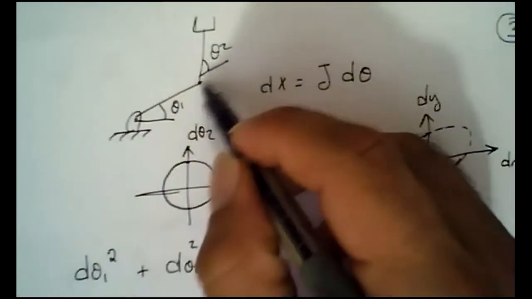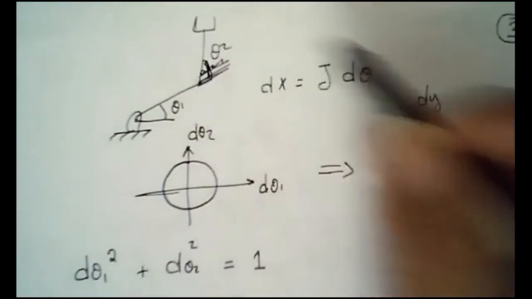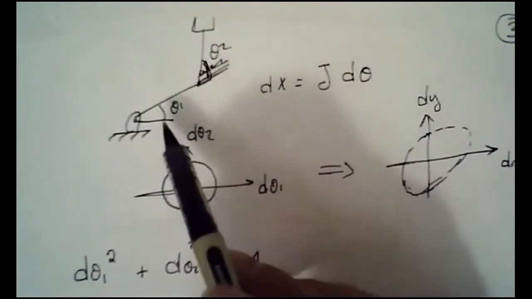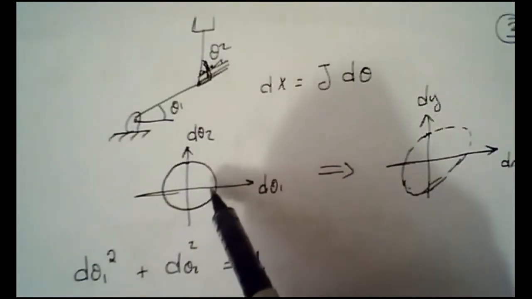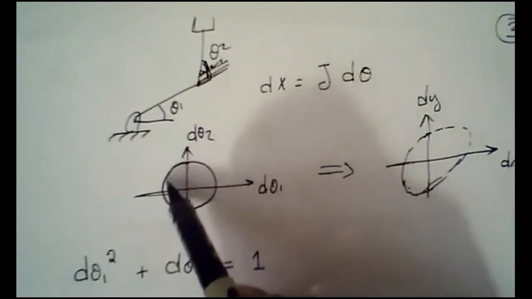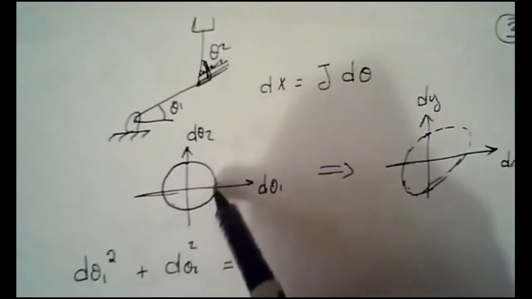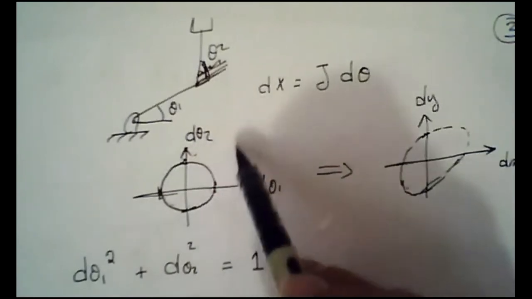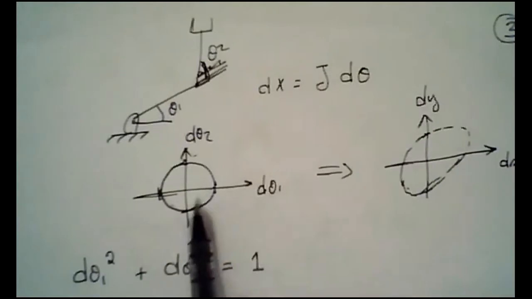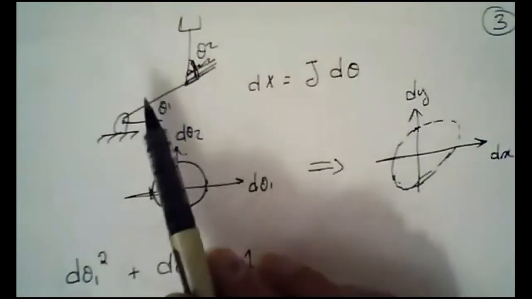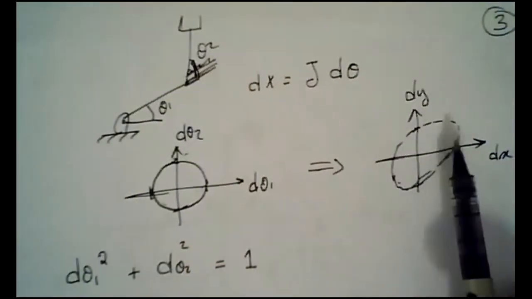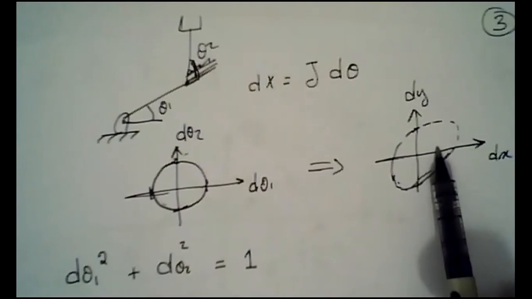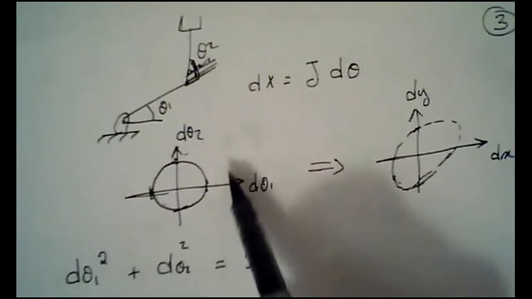If you essentially try all the possible variations of d theta 1 and d theta 2, you will actually see that you will have a circle. So a circle over here will basically map that d theta 1 has moved from the minus direction and then the positive direction, and d theta 2 has moved from its minus to its positive. So we can see how we can map this circle, which is in the joint space, in the Cartesian space. All right. So again, this circle is a full mapping.